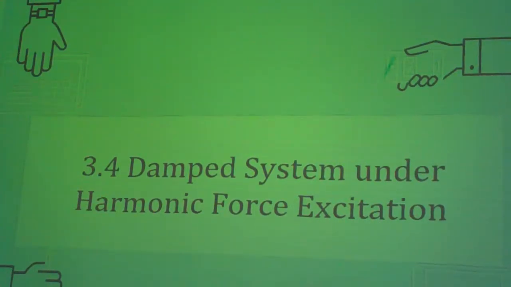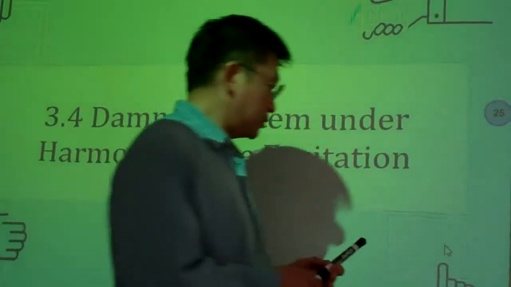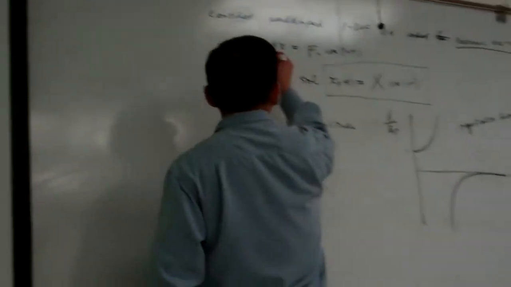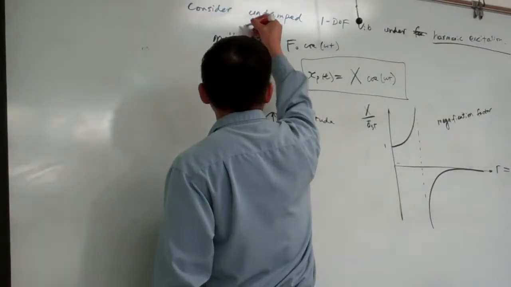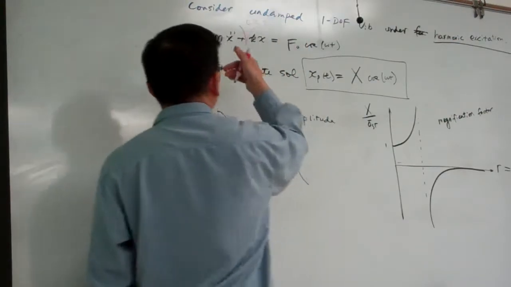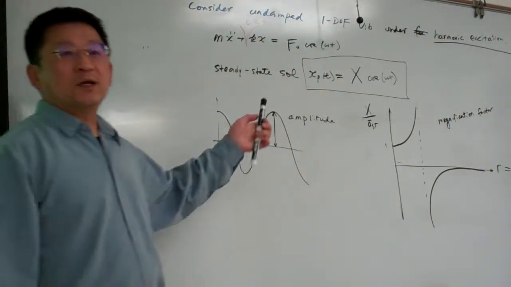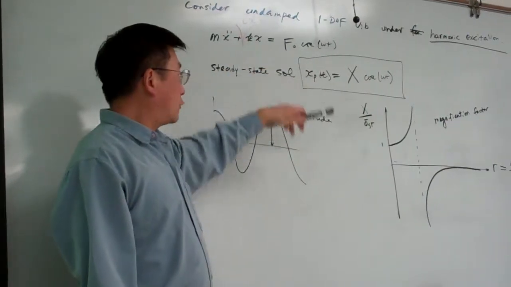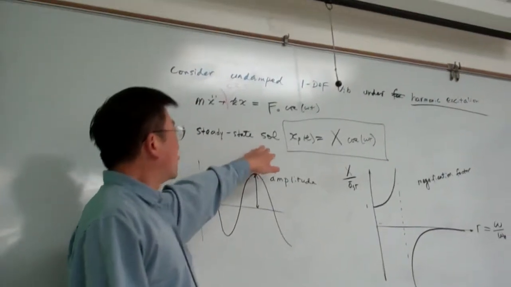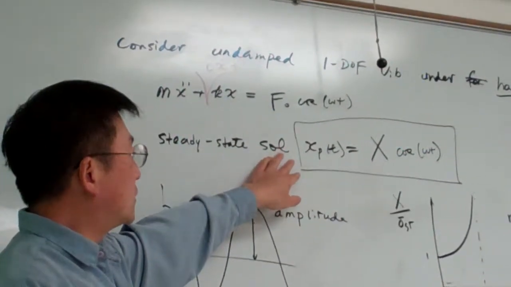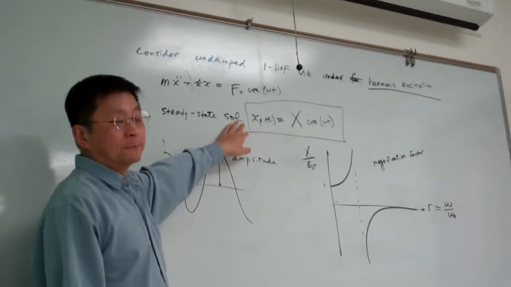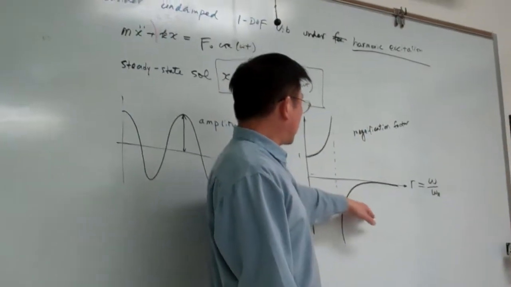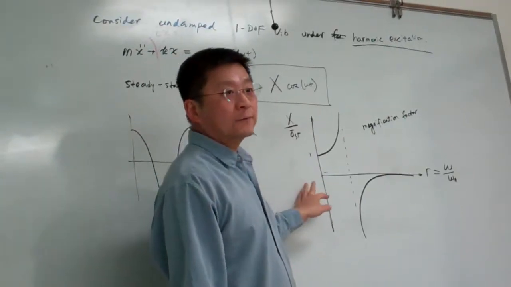Today I want to start with the system with damping. That means we're going to consider similar situations by considering one more term, c x dot. With the additional term, including damping, we're going to go over a similar process. We will focus on how to get a particular solution or steady state response, and then have a similar analysis on the magnification factors.